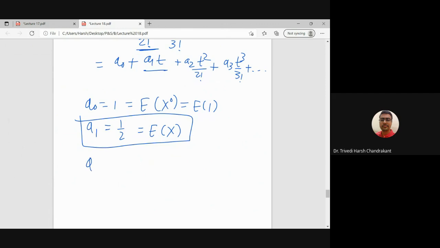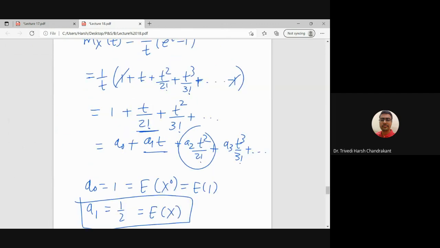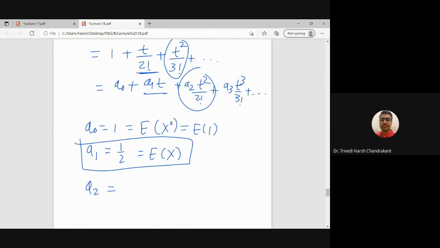Now what is a2? That is 1 by 3, right? So 1 by 3 is the expectation of x square. For the uniform random variable, we have not computed the expectation of x square, but we have found the variance, and we know that the variance has an equation in terms of the expectation of x square.